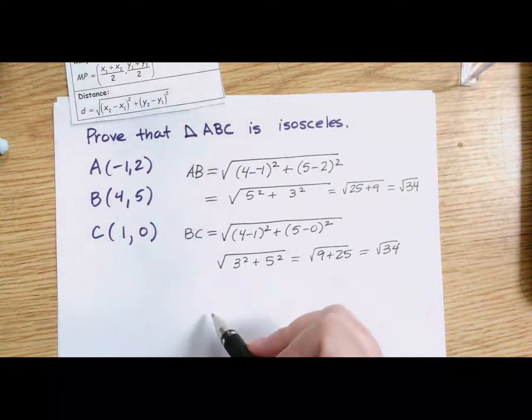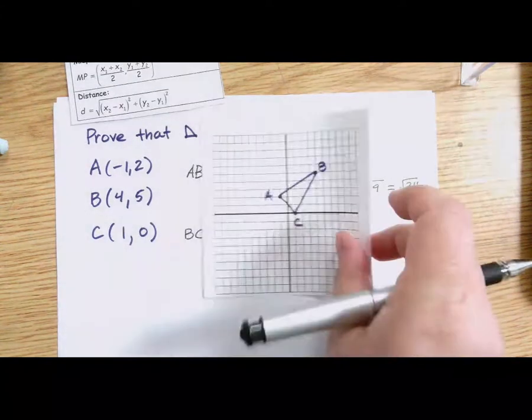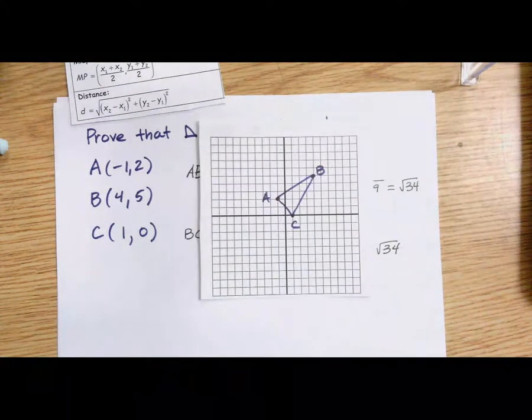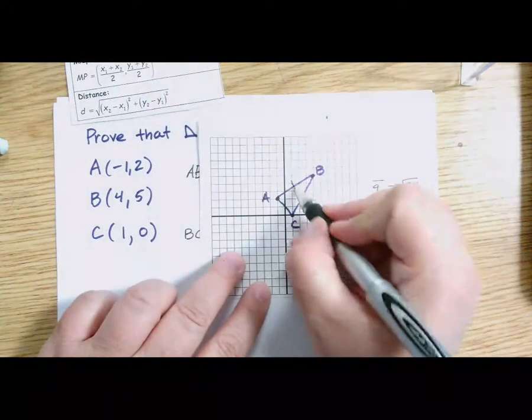So AC is our third side. Remember, this is what our graph looks like. So AC is the third side. We just showed that the two have the same length.